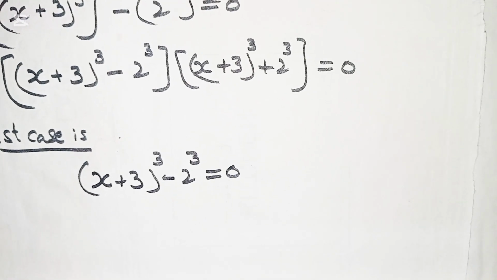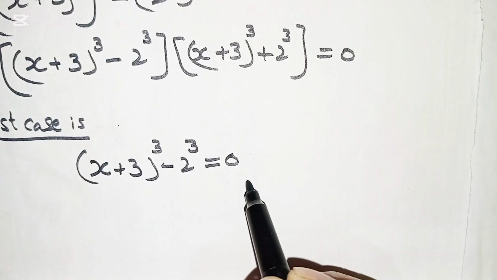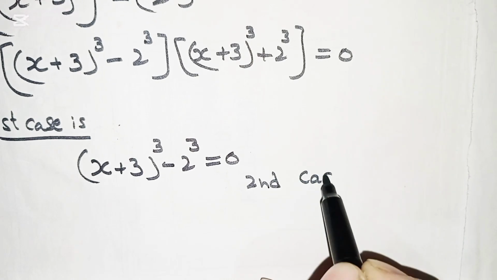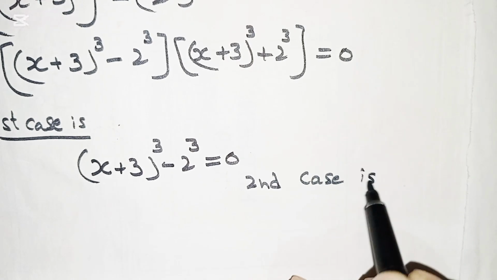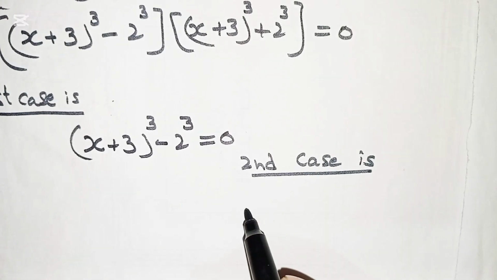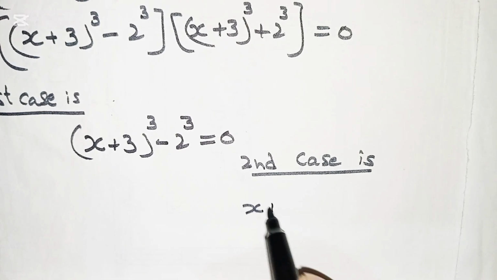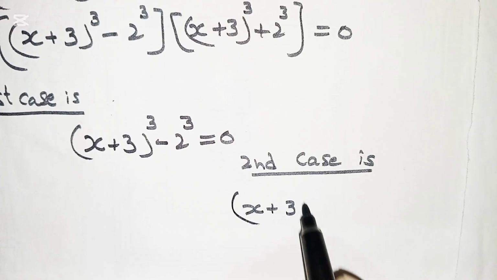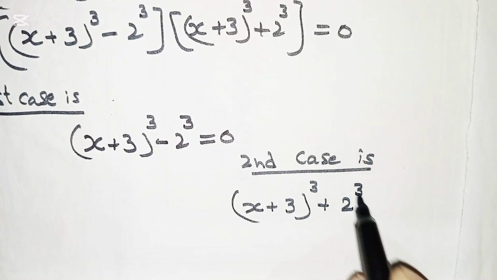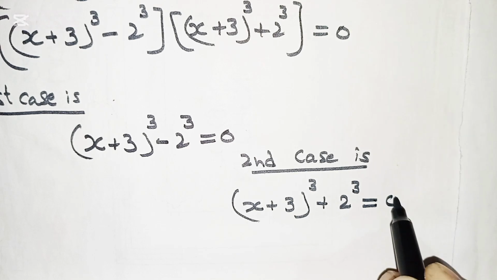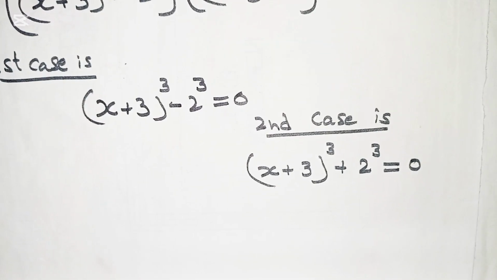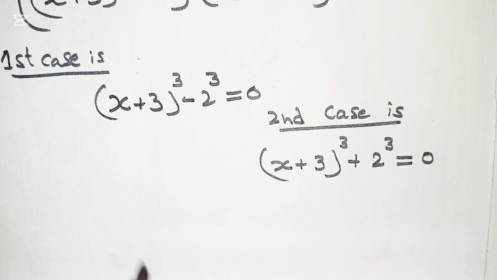And now the second case is (x+3)^3 plus 2^3 equal to 0. It is the second case. So here we can solve the first case.